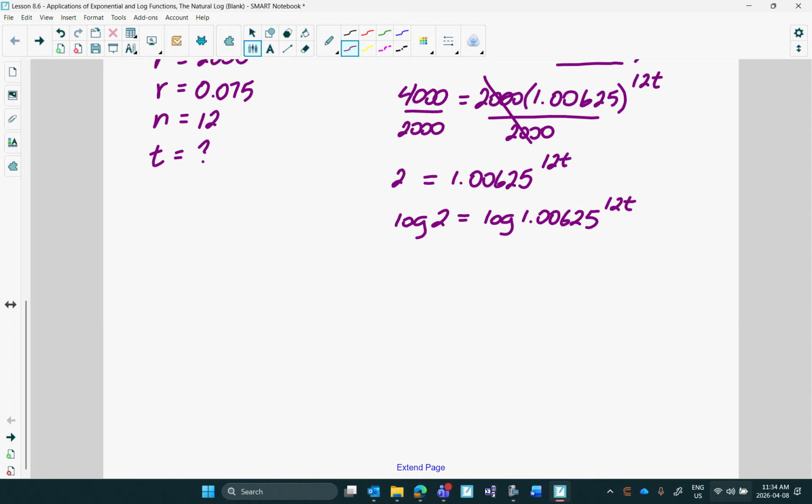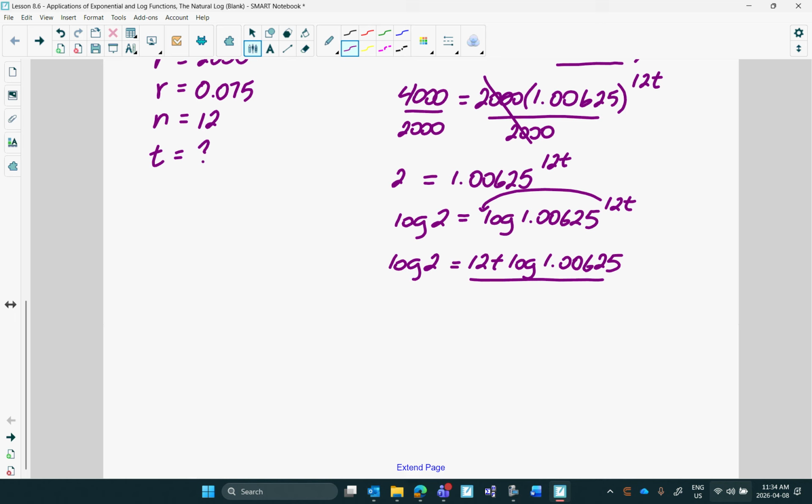Because when I log both sides, I can use one of the log laws to bring the exponent in front of the log. I want to get it out of the exponent. So it's going to be log 2 equals 12t times log 1.00625. Well, how would I get t by itself?